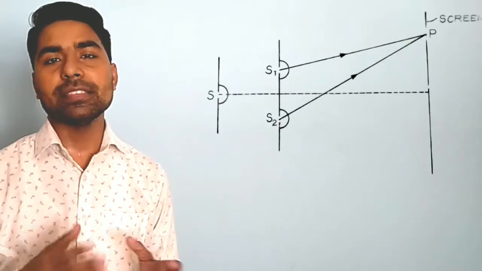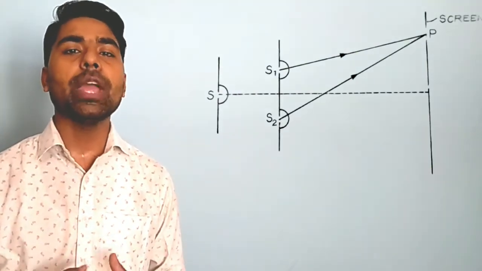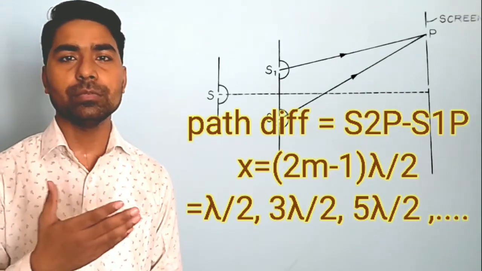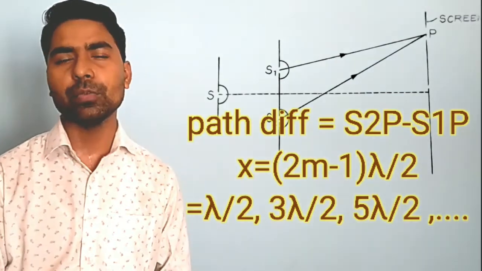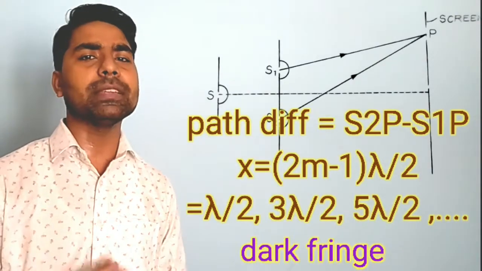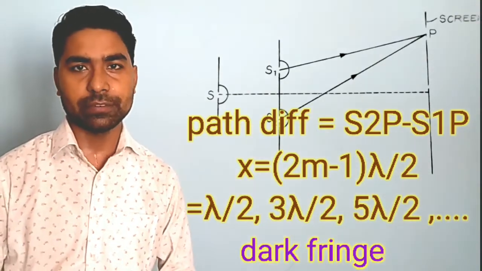And if there is a path difference of (2m minus 1) lambda by 2, that is lambda by 2, 3 lambda by 2, 5 lambda by 2, then at point P there will be minimum intensity, or destructive interference.